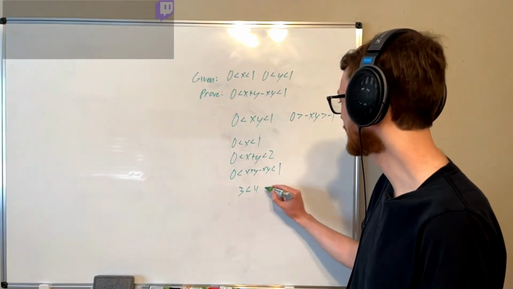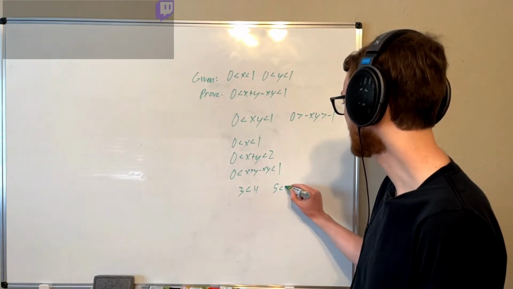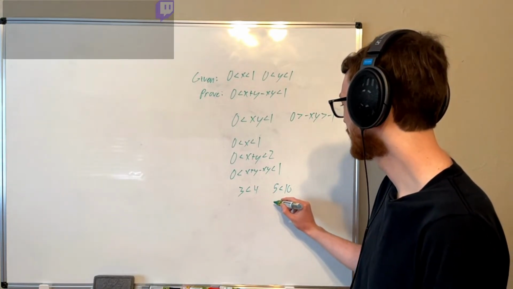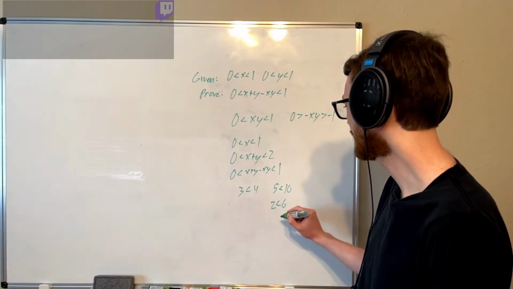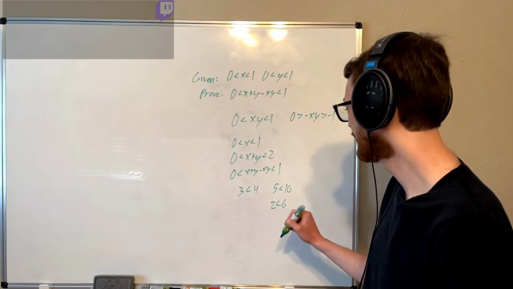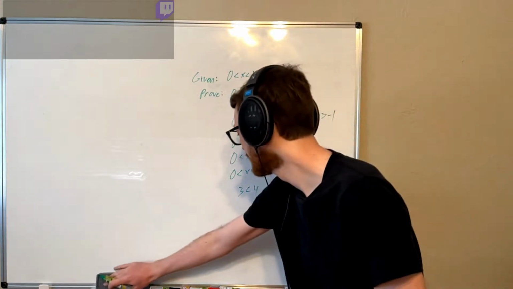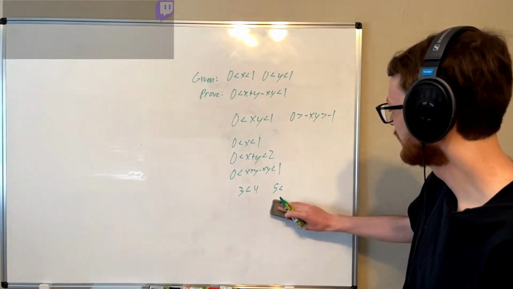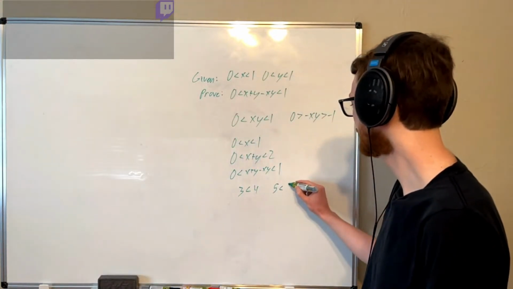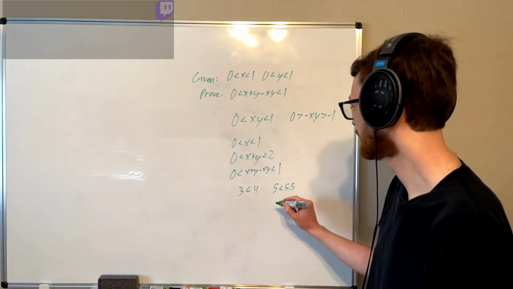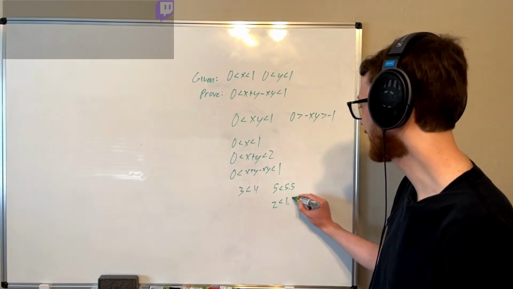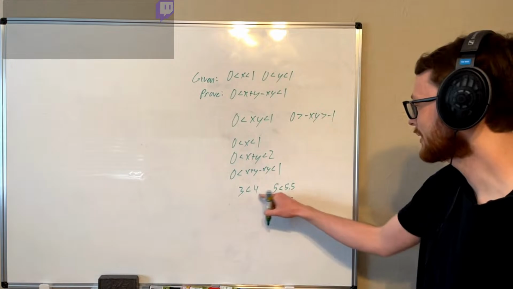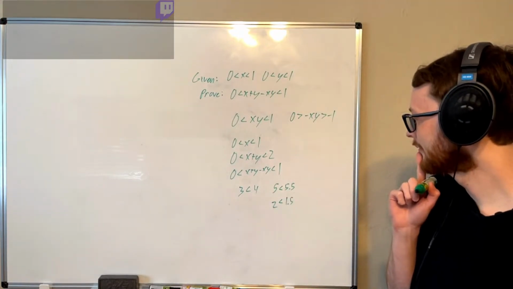Three is less than 4. 5 is less than 10. 2 is less than 6. Maybe you could break that, though. Two is less than 1.5. I guess, yeah, you can't subtract those two. Huh.